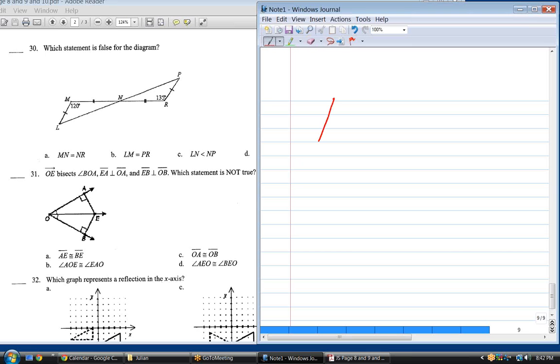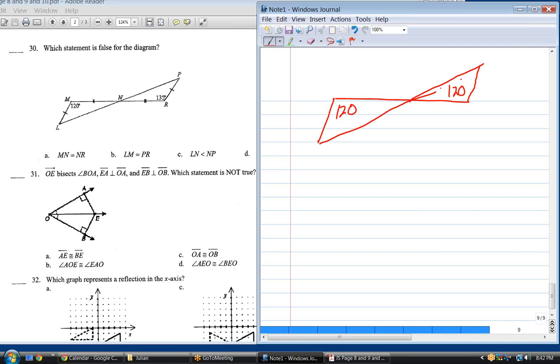Now, let's see if we can figure out the solution. If I were to make that line parallel so that this 120 degree angle was the same as this 120 degree angle, now the two triangles would be similar.